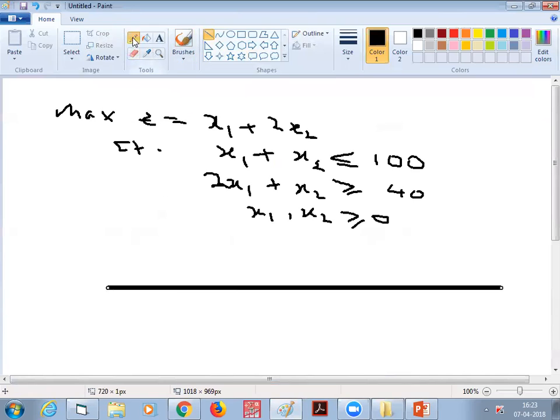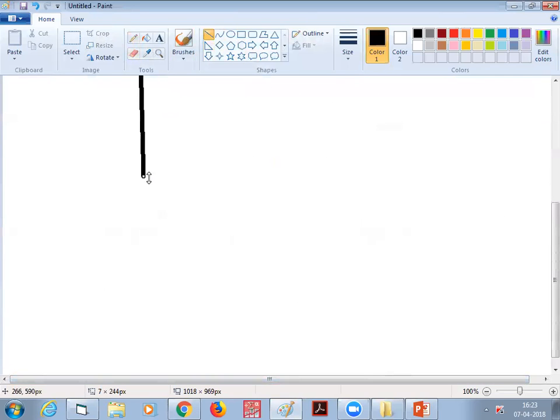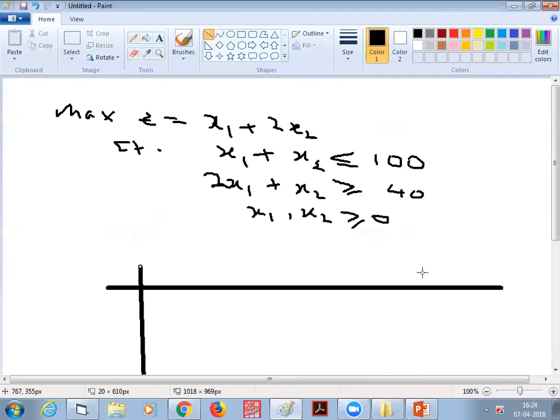Here's our table. Sorry, I need vertical lines here. One vertical line this way, and one vertical line over here.